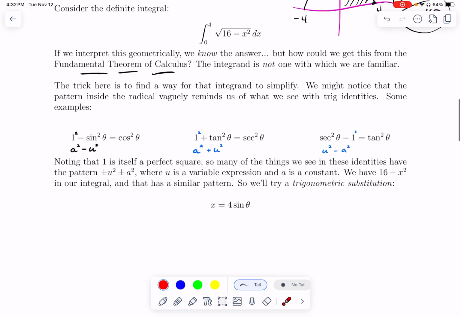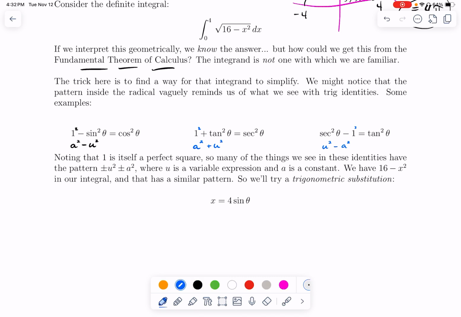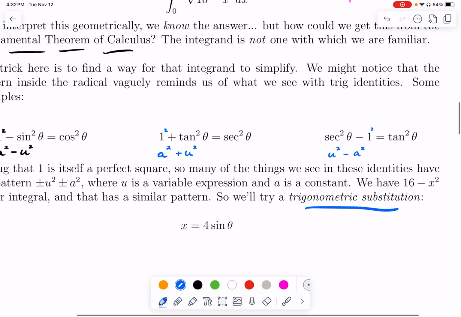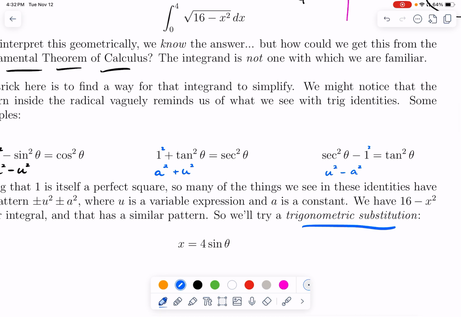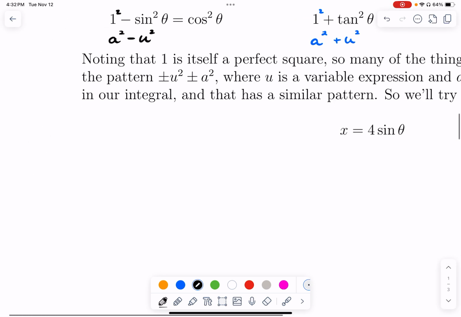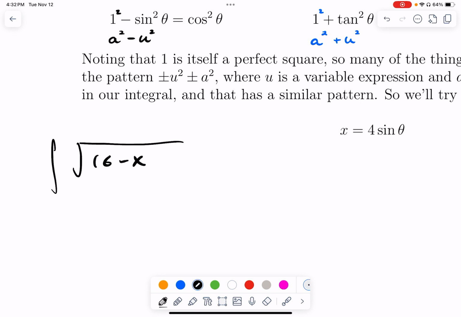So we're going to make what's called a trigonometric substitution. So I'm going to say, what if x is equal to 4 sine theta? So maybe it's not obvious where that came from, but you'll see how that's convenient. So for now, I'm going to forget about the limits of integration and do the corresponding indefinite integral.